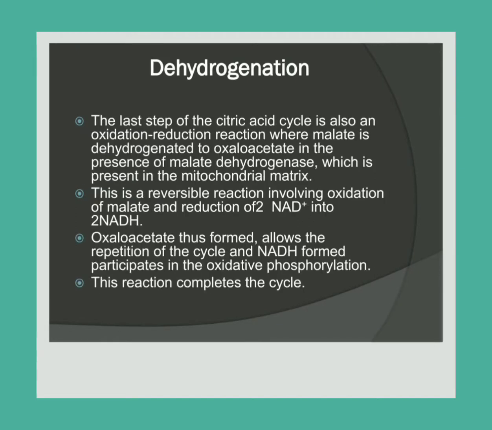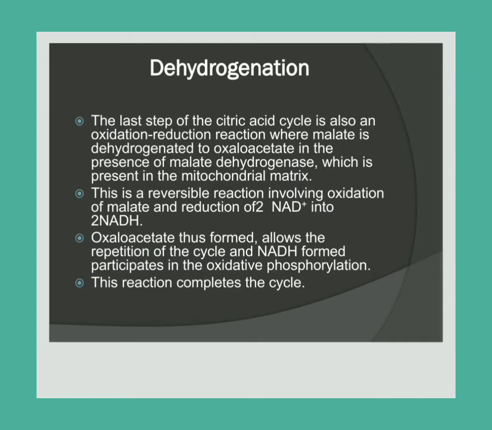The next one is the last step, that is dehydrogenation. So this is the last step of the citric acid cycle. Here oxidation reduction reactions take place where malic acid or malate is dehydrogenated to oxaloacetic acid in the presence of malate dehydrogenase, which is present in the mitochondrial matrix.